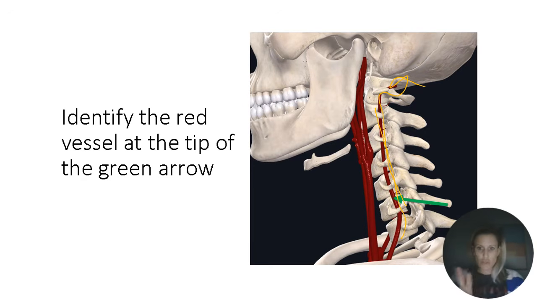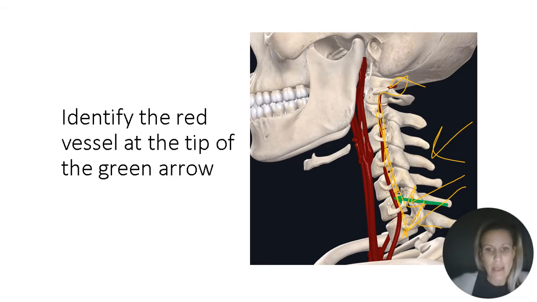And remember, there's two pairs of vessels that are bringing blood into the brain, the internal carotid artery and the vertebral artery. This one we know is the vertebral artery because of the way it's snaking between these foramen in the vertebrae. Remember, all 7 of the cervical vertebrae have these transverse foramen, the extra holes on the sides, and those are there to protect this vertebral artery.